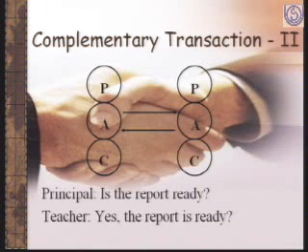What is that? The principal is seeking information. Therefore, it is the adult ego state of the principal that is in operation, and it was meant to be received at the adult ego state of the teacher. The teacher replies, yes, the report is ready.